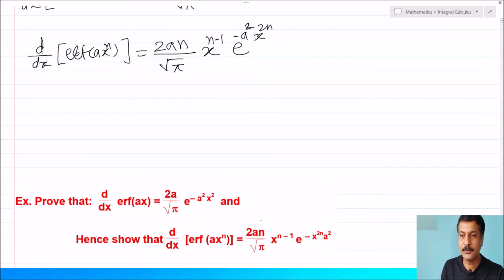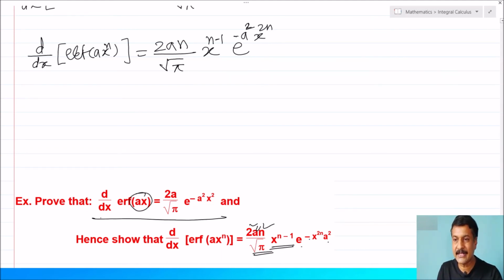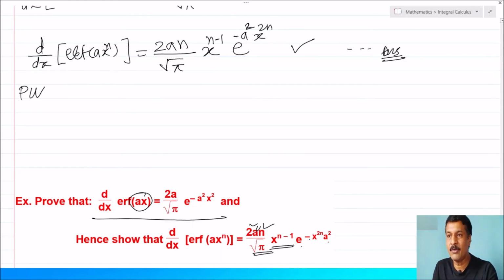What we want to prove is the same: 2an upon root pi x^(n-1) into e^(-x^(2n) a^2). Yes, the same thing. Now by using this we want to prove the required result for erf(ax), so we have to put n equal to 1.